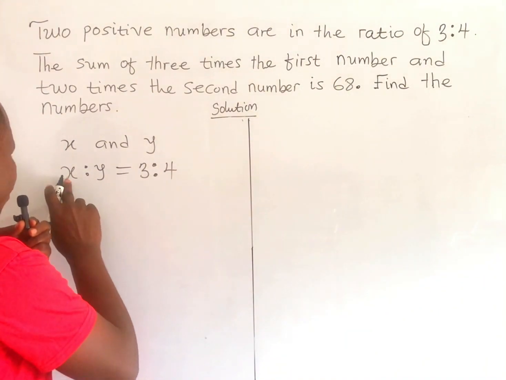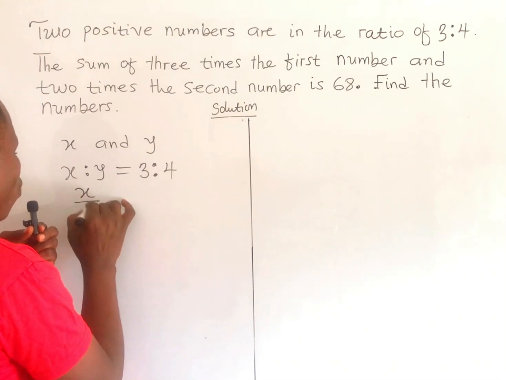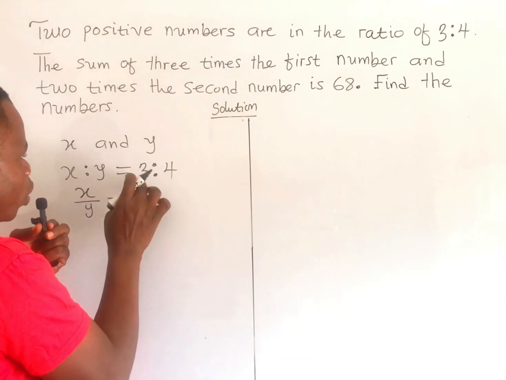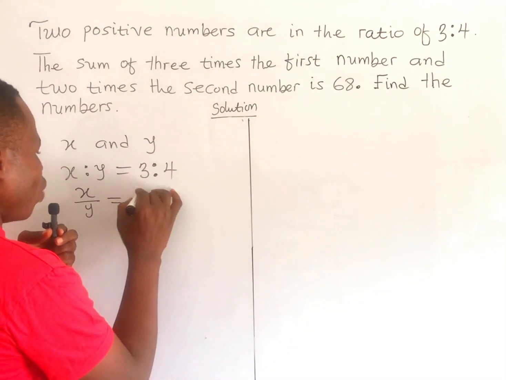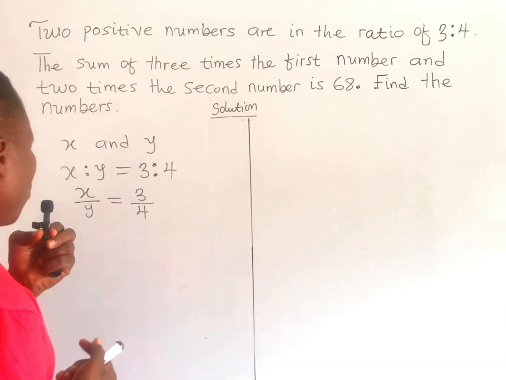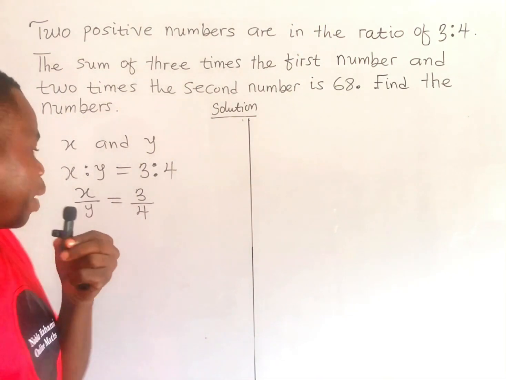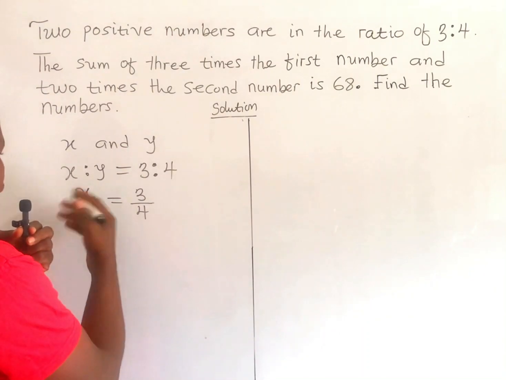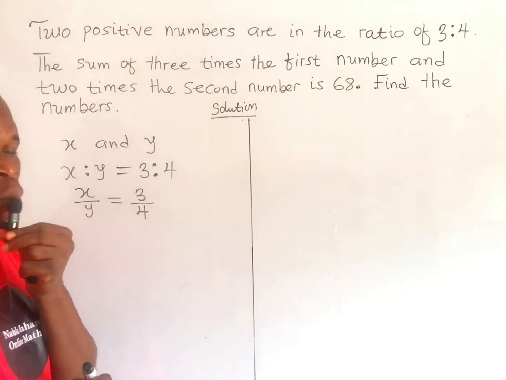So after this, I can now form an equation out of this. I can say the first one divided by the second one, that is x over y, should be equal to the first one divided by the second one in the ratio, and that will give me 3/4. Now, from this, I want to make one of the variables the subject. Let's make x the subject here. It means I have to multiply both sides by y.